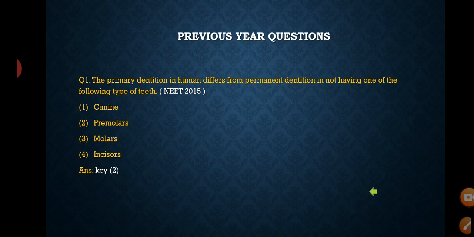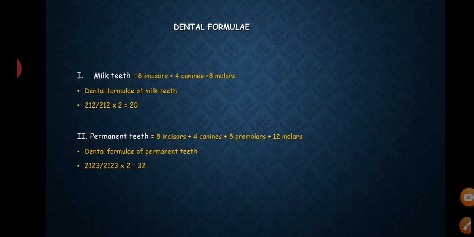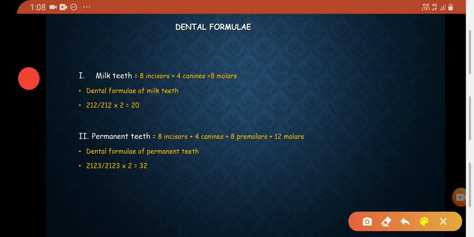As we know, primary dentition has no premolars, whereas permanent dentition has premolars. Going to the previous slide, I showed you that the primary dentition has no premolars, whereas the permanent dentition has 8 premolars.